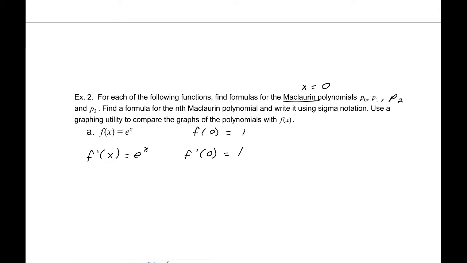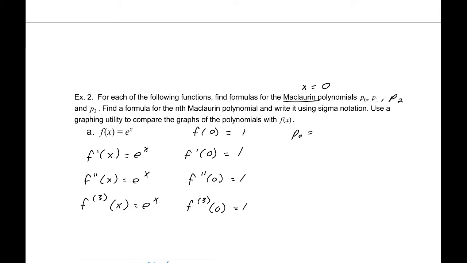And you might notice very quickly, this is going to be the same. Okay, so f double prime of 0 is 1, f triple prime of 0 equals 1. So our polynomials, we'll go ahead and write these. Our 0th polynomial is 1.